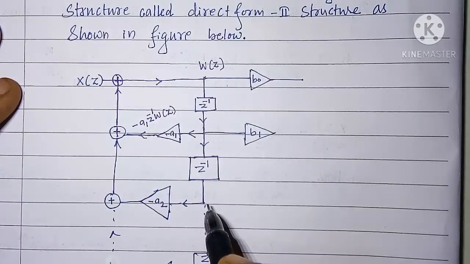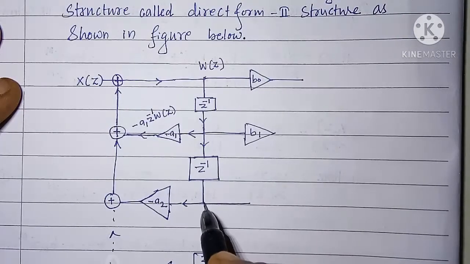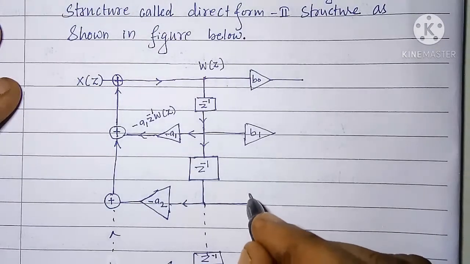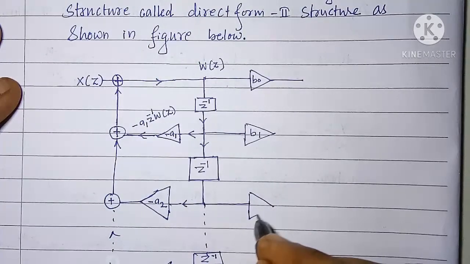Similarly, B2 into Z raised to minus 2 into W of Z we need. So I will tap the output here, and here I will show constant as B2.